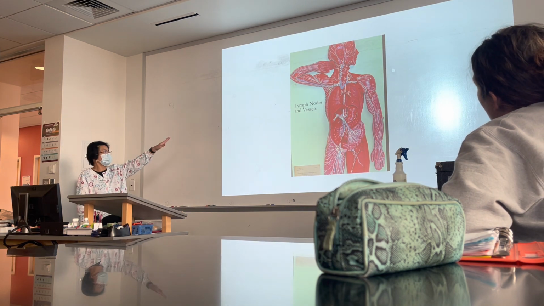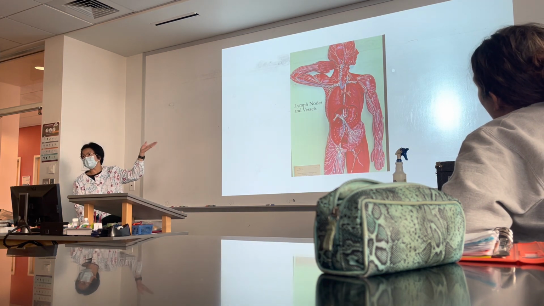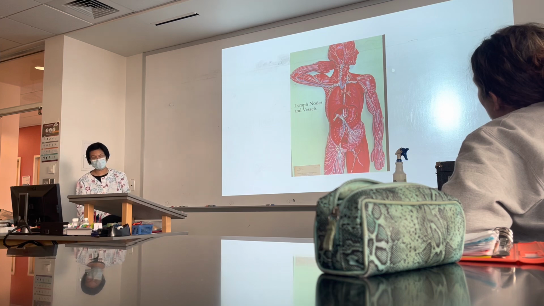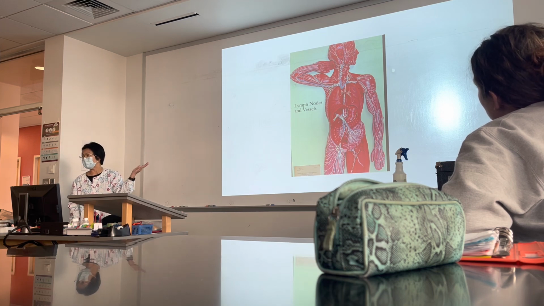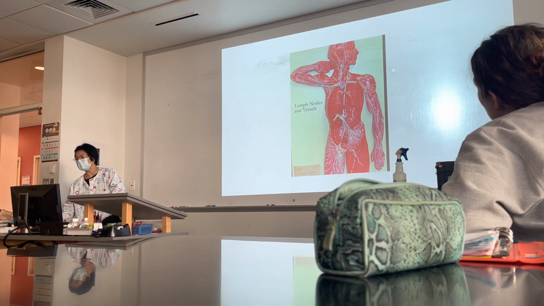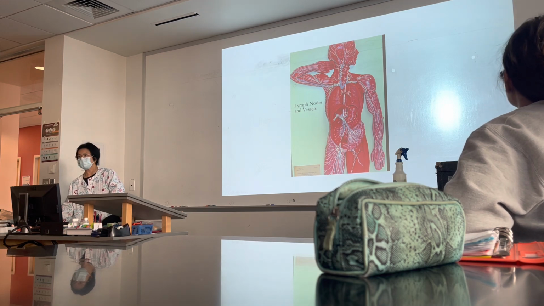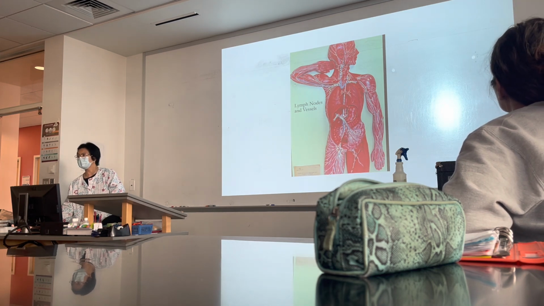Okay? So you have superficial and deep lymph nodes. The deep ones are located inside your body cavities. Look for some lymph nodes here. There are usually a lot of lymph nodes in your airways, just because you're always inhaling some impurities. Just be familiar with how they look.